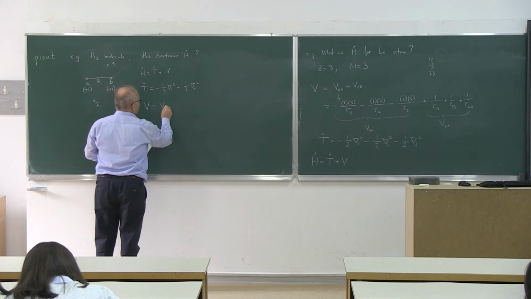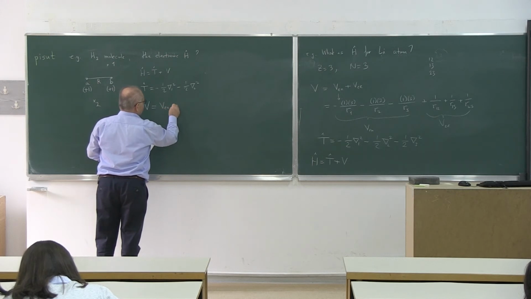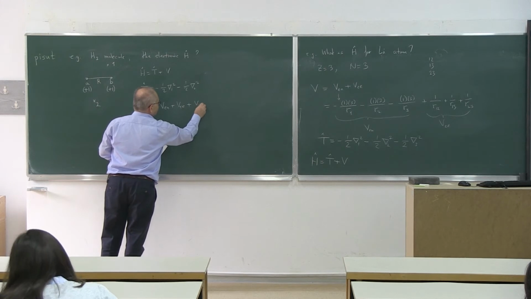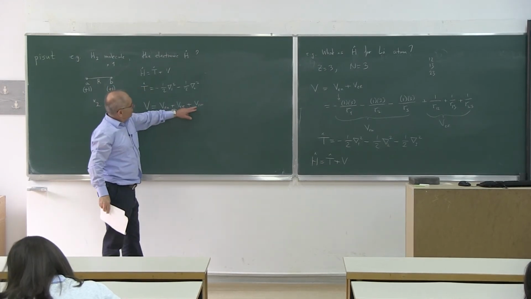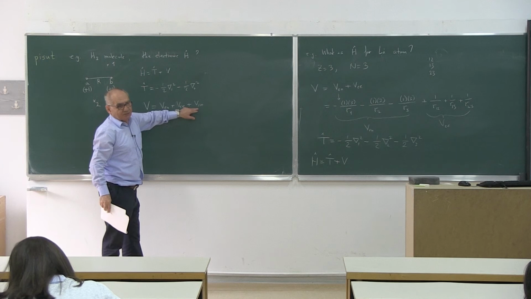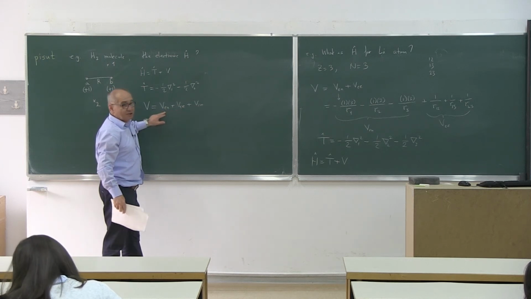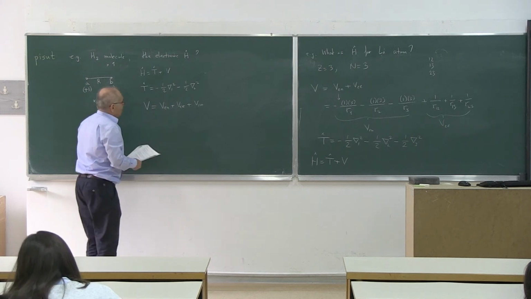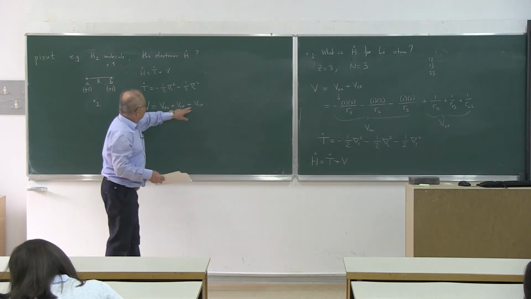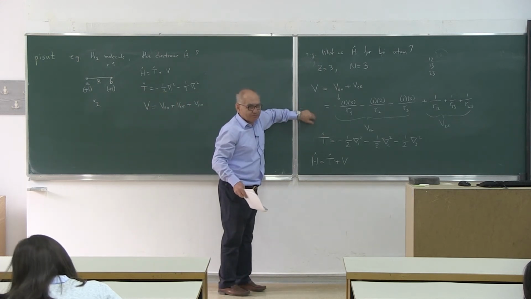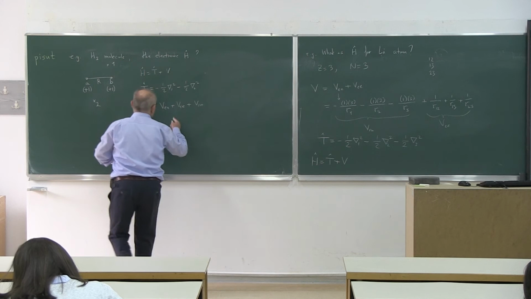Potential energy is electron-nucleus interactions plus electron-electron repulsions plus nucleus-nucleus interactions. This is repulsion. This is also repulsion. This is attraction here. You see, this term is the only difference from an atom, in a way.